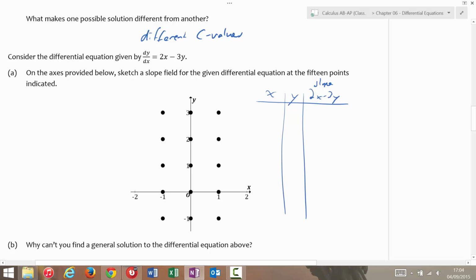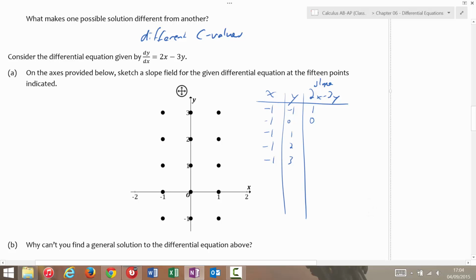So I have x values at -1, -1; -1, 0; -1, 1; -1, 2; and -1, 3. And my values for 2x minus 3y: 2 times negative 1 is negative 2, negative 2 plus 3 is 1. Then I have negative 2 minus 0, that's 0.